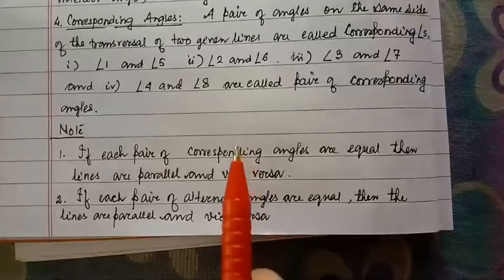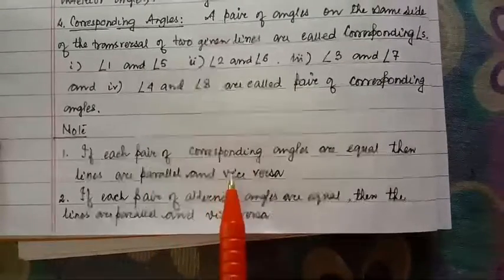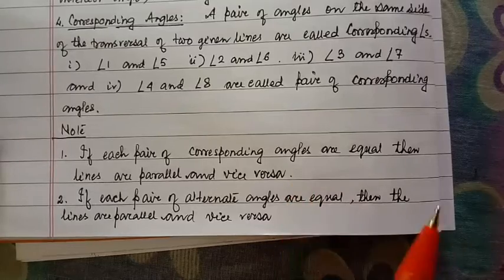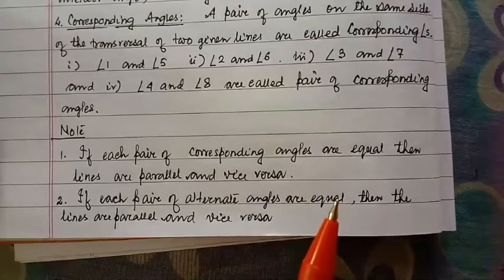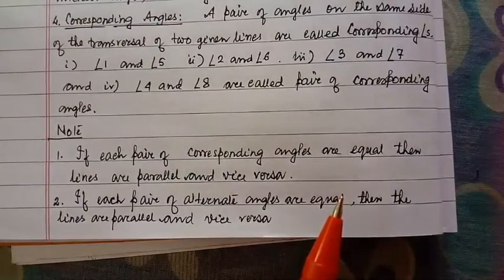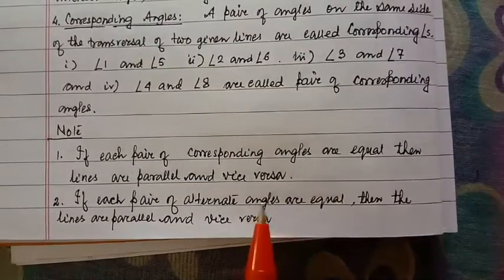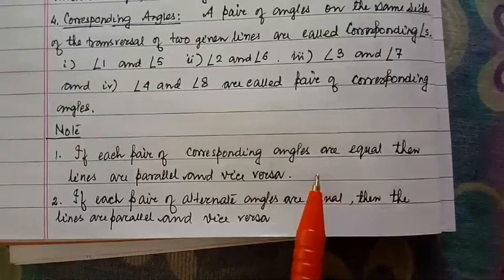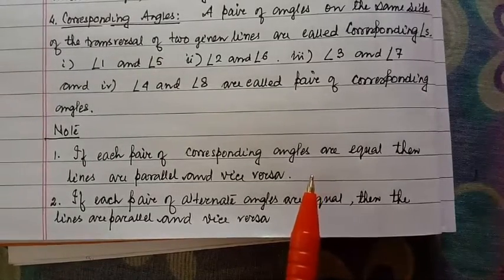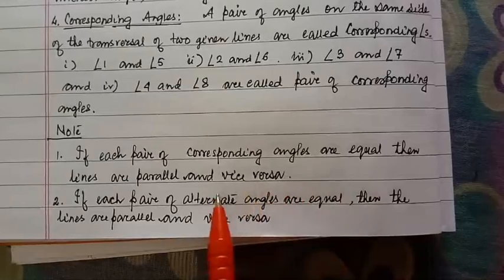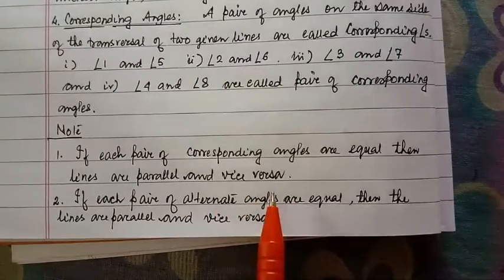It means that if angle 1 is equal to angle 5, then we can say that AB is parallel to CD. Or if it is said that AB is parallel to CD, then we can write angle 1 is equal to angle 5 as their corresponding angles. That is why it is written vice versa.